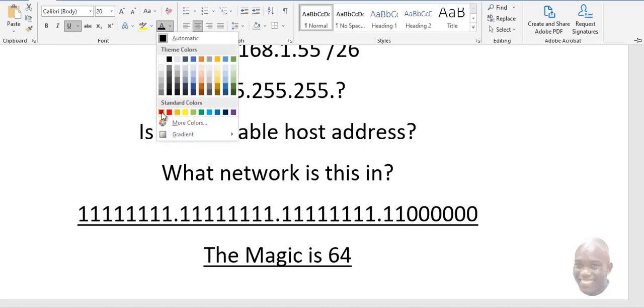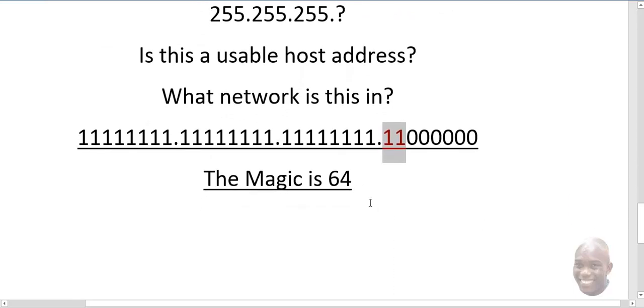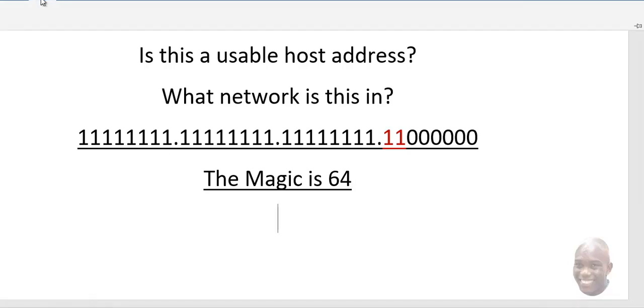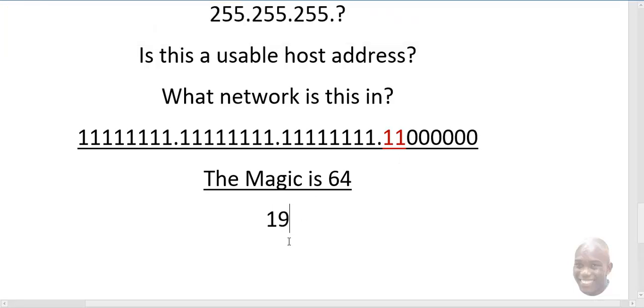And the magic number basically is the last borrowed bit. In this case here, the last borrowed bit is 64, and 64 here is what we consider our magic number. And why is this important? Because our magic number tells us what the networks are incremented by. So for example, our first network would be 192.168.1.0.